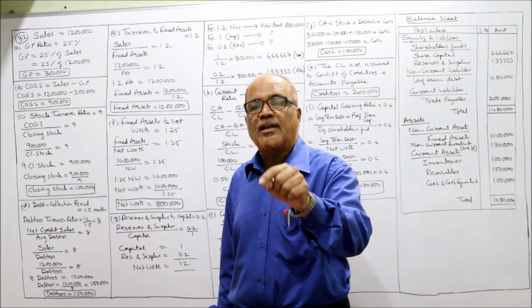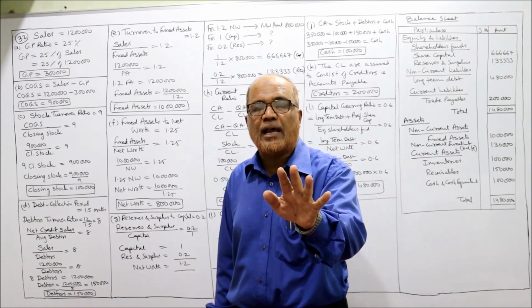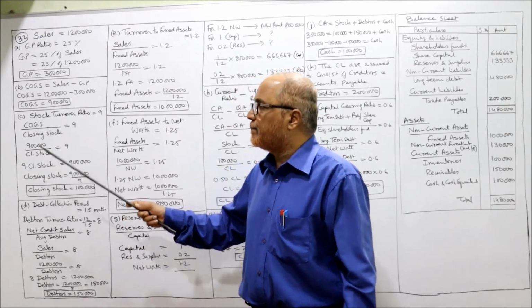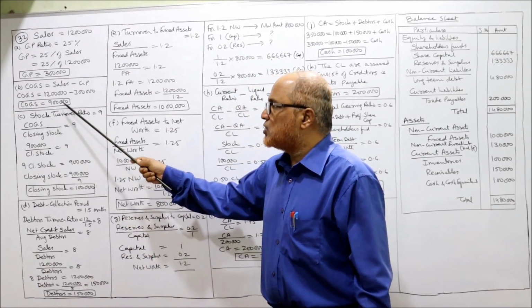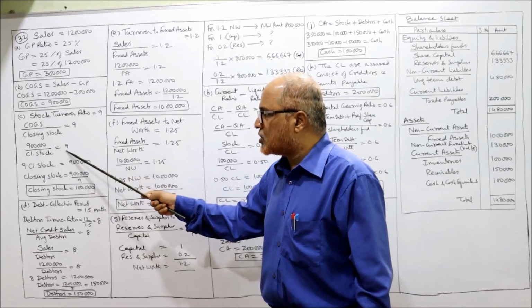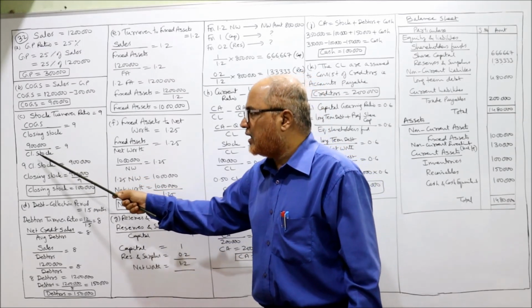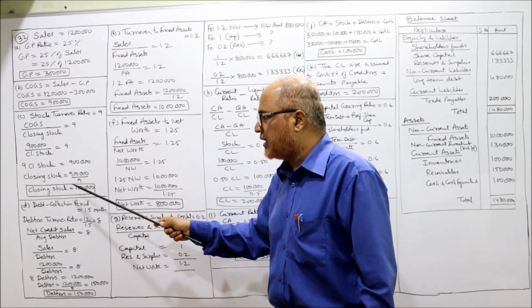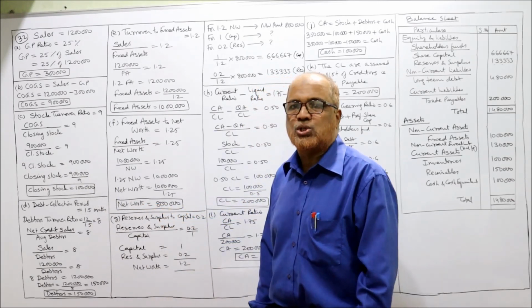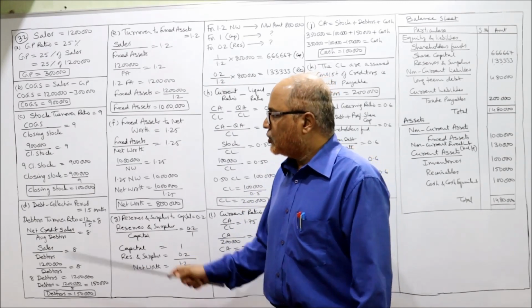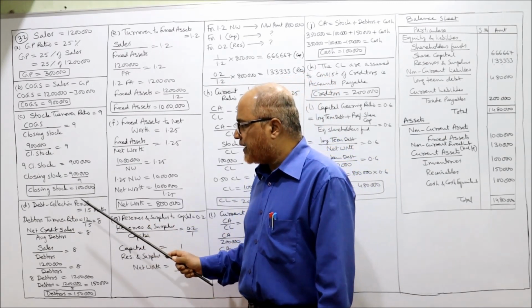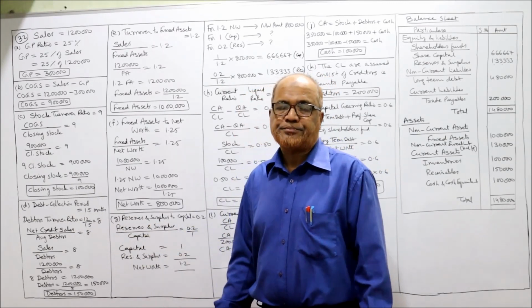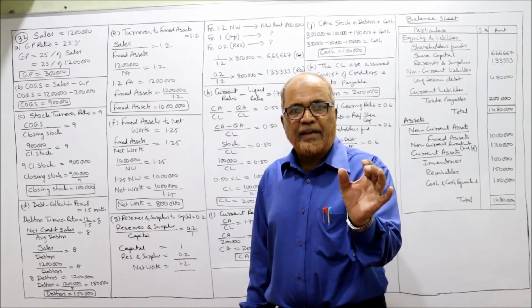So the problem itself is saying, don't calculate average stock, take closing stock. So COGS 9 lakh rupees, closing stock. Cross multiplication. So 9 into closing stock is equal to 9 lakh. So closing stock 9 lakh by 9 is 1 lakh rupees. That's it. Next, debt collection period is 1.5 months. The debt collection period is given in months.